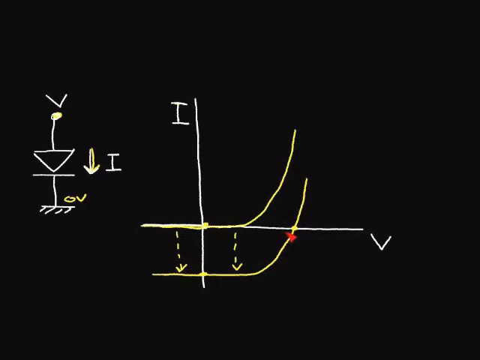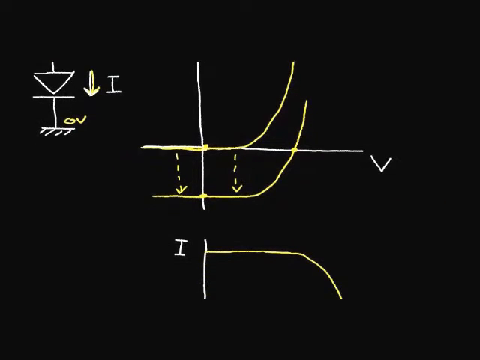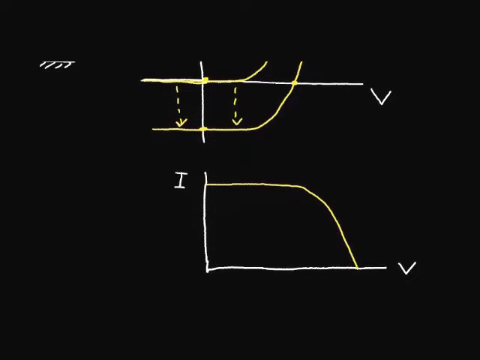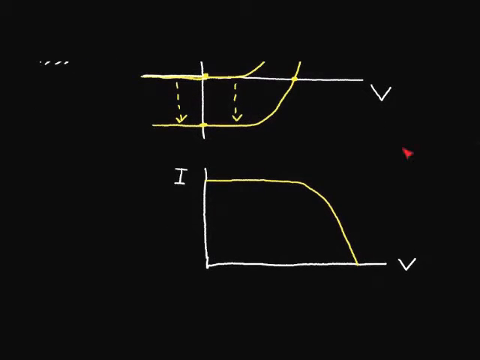Now in solar cell notation, it's common to take this quadrant and redraw it. So let's look at how we can do that. So we can plot current this way. So we'll just invert this axis. We'll call this positive current and this positive voltage.